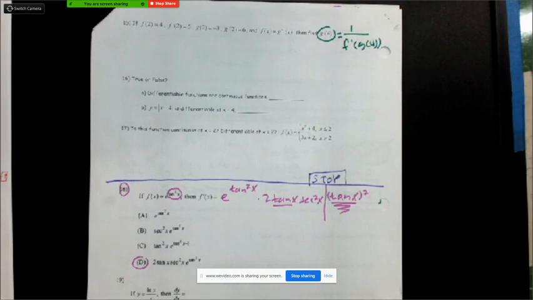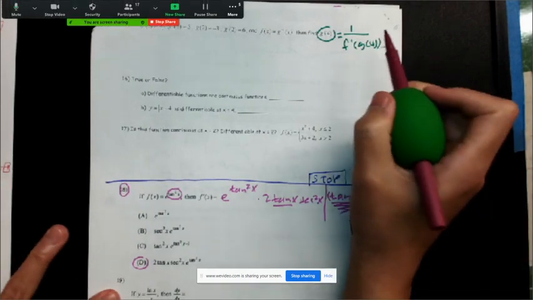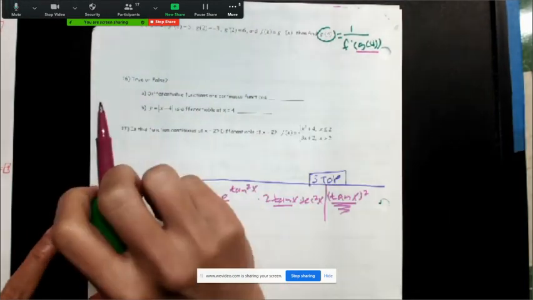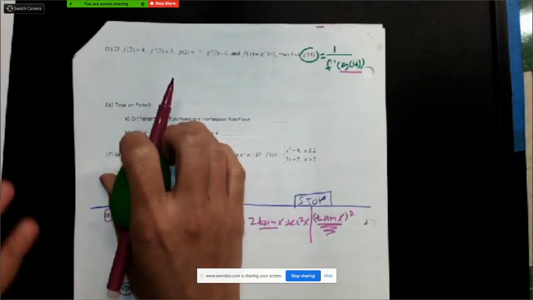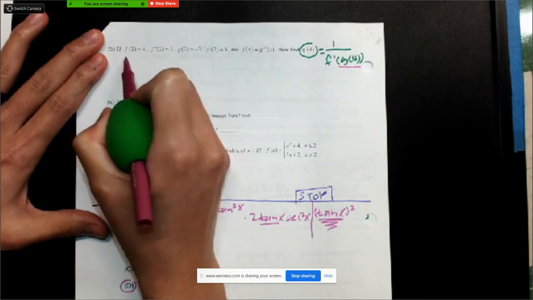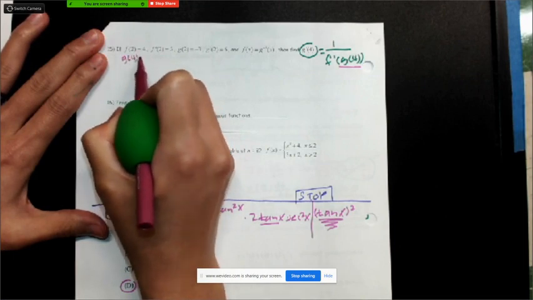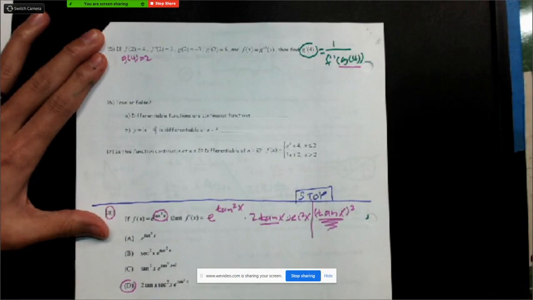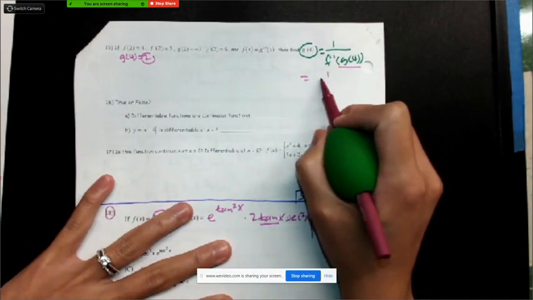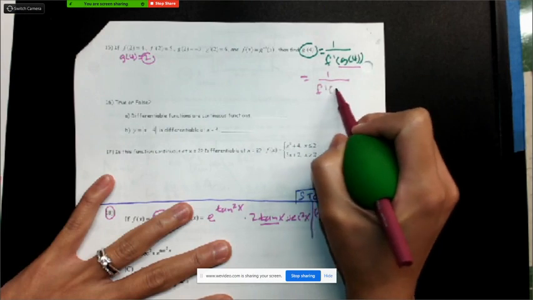If you're not studying the few cards we make, that's going to be pretty sad. So we have to look for what is g of 4. Is there a g of 4 anywhere? If these are inverse functions, I could take f of 2 equals 4 and simply write g of 4 equals 2, always. So that's going to give us 2. So I'm going to write 1 all over f prime of 2.